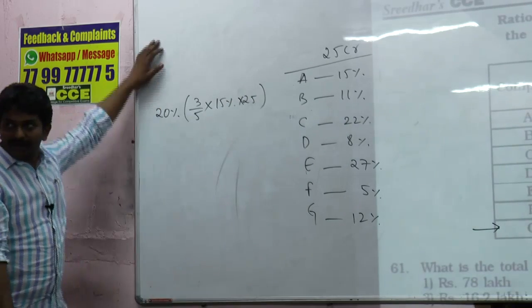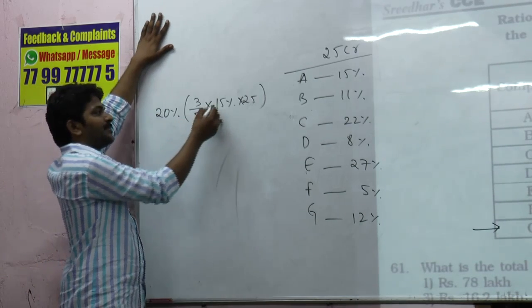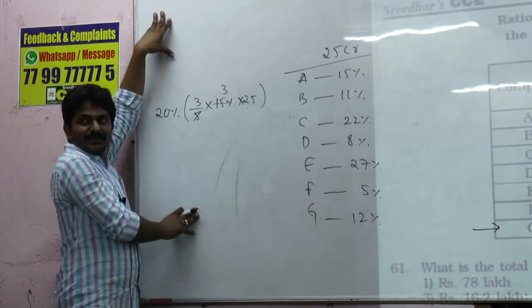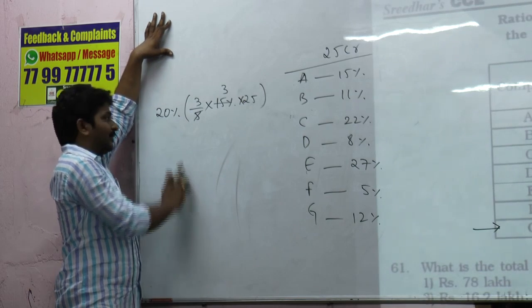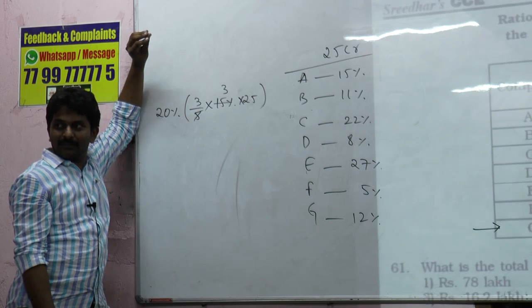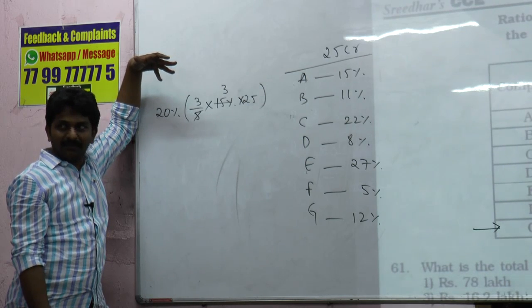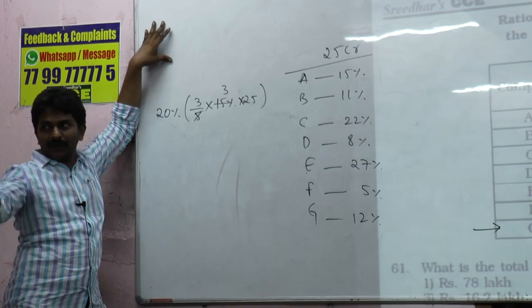This is what you need to calculate. Correct? 5, how many times? 3 times. 3 3s 9. 20% of 25 is 5, right? 5 into 9, 45. Look at your options.